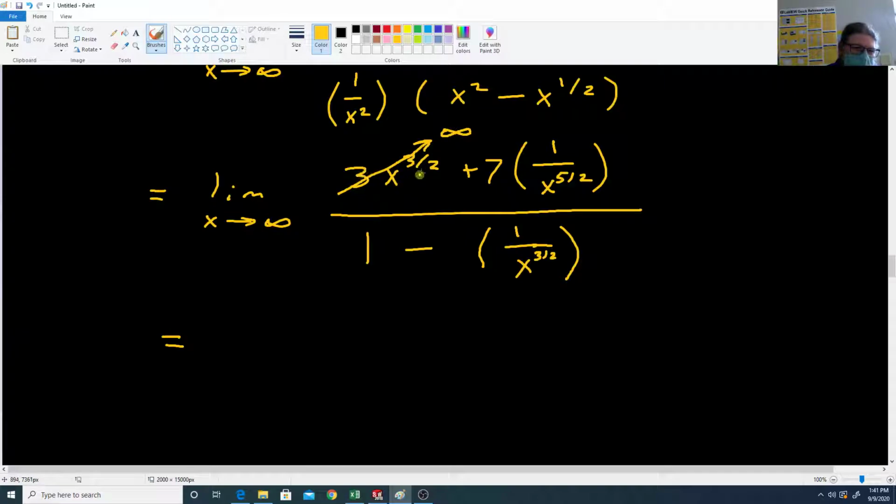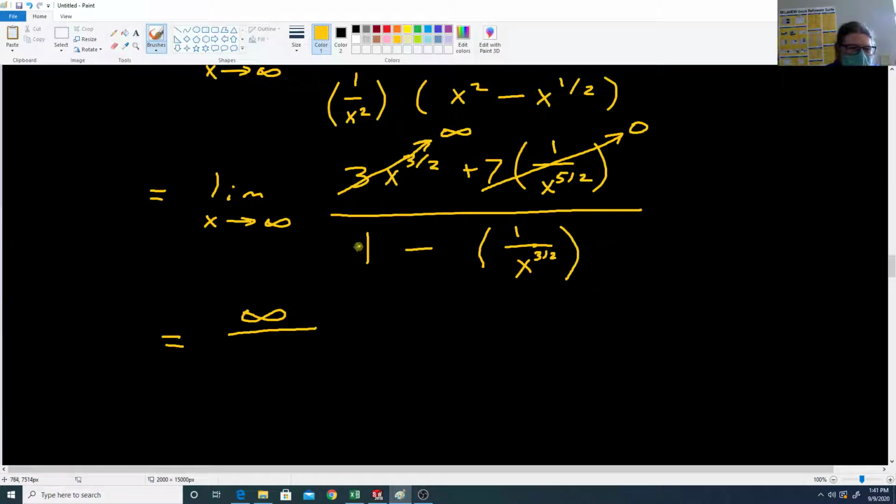So this whole first term is going to infinity. Stuff that's getting larger and larger, raised to the 5 halves power, gets larger and larger. And that means 1 over it gets smaller and smaller and approaches 0. So on top, we have the first term blowing up to infinity and the second term turning into 0. So we have infinity plus nothing, which is infinity up top.